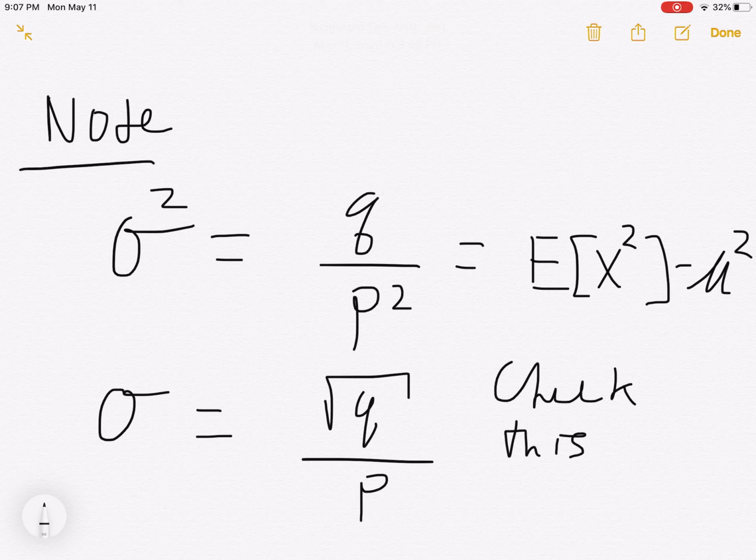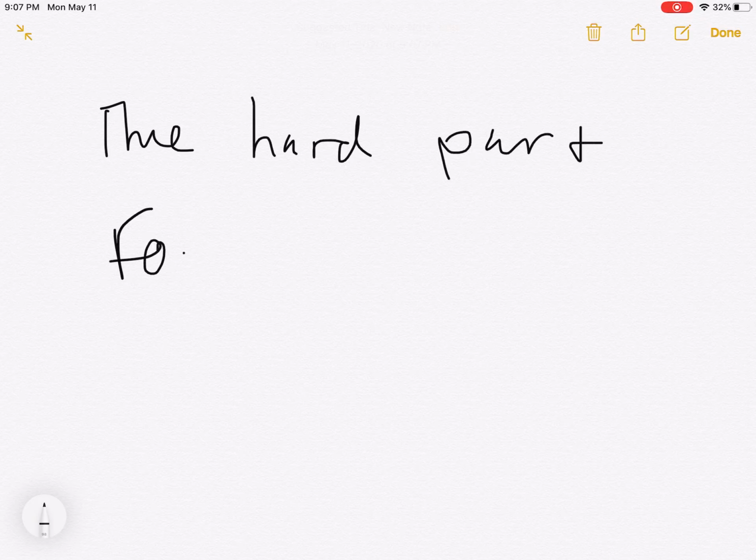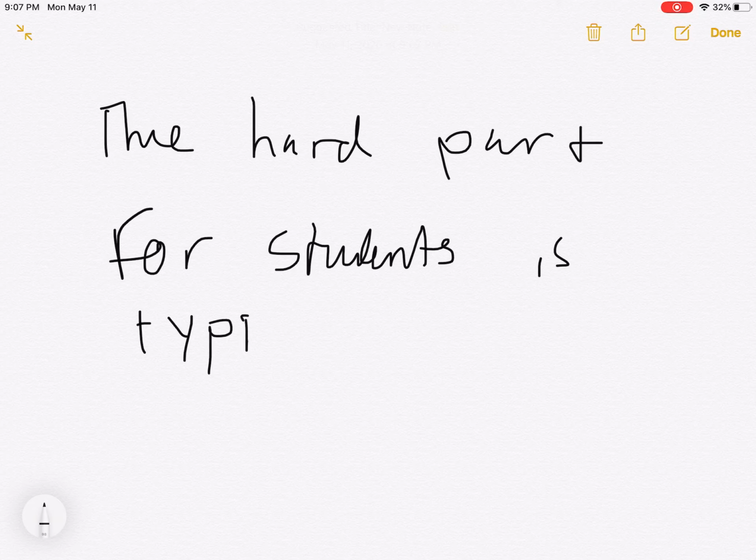Now, I just want to remark the hard part for students is typically being able to recognize the geometric distribution.